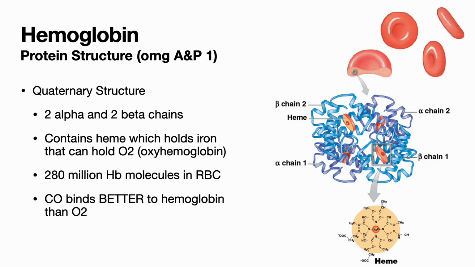Carbon monoxide actually binds better to hemoglobin than oxygen does. And the reason why is that when hemoglobin evolved, there was a very high concentration of oxygen in the atmosphere and almost no carbon monoxide. So that flaw, if you will, wasn't an issue because there wasn't any carbon monoxide to bind.